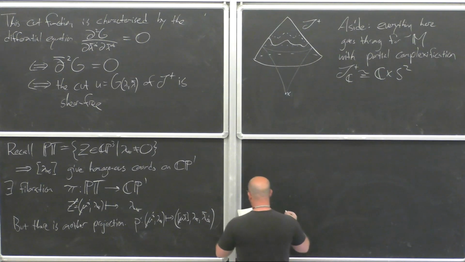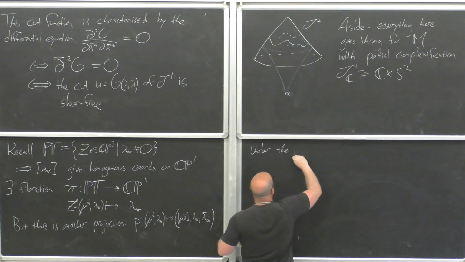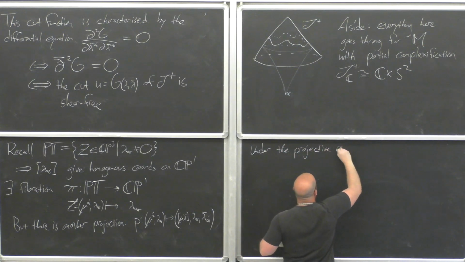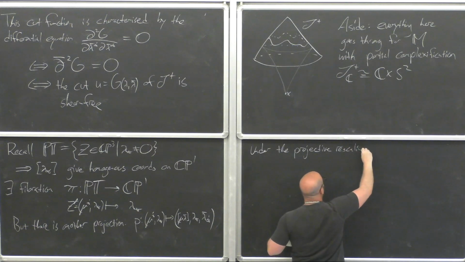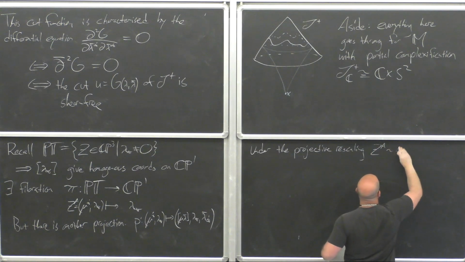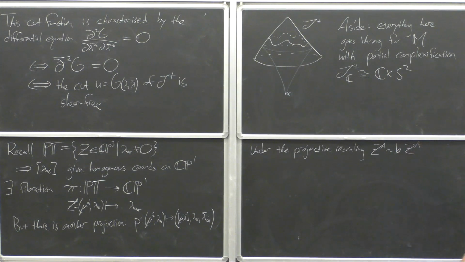So under the projective rescaling, ZA goes to, let's call it B now, ZA on Twistor space, right?